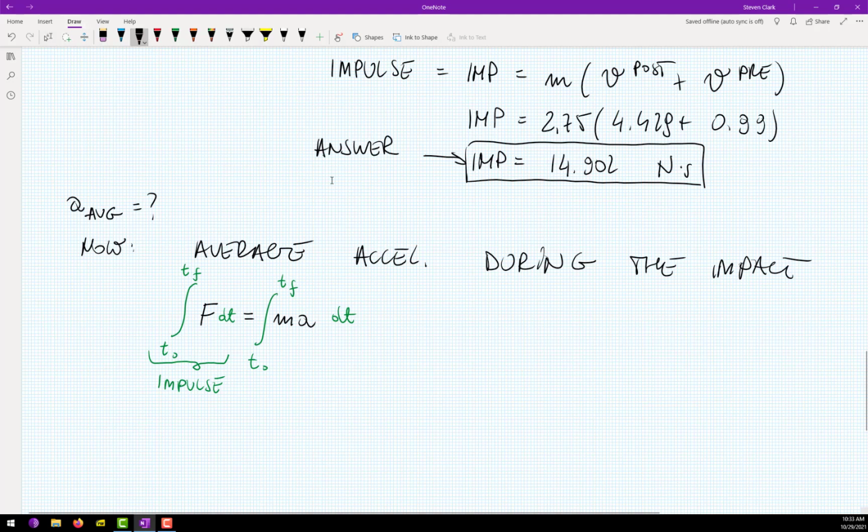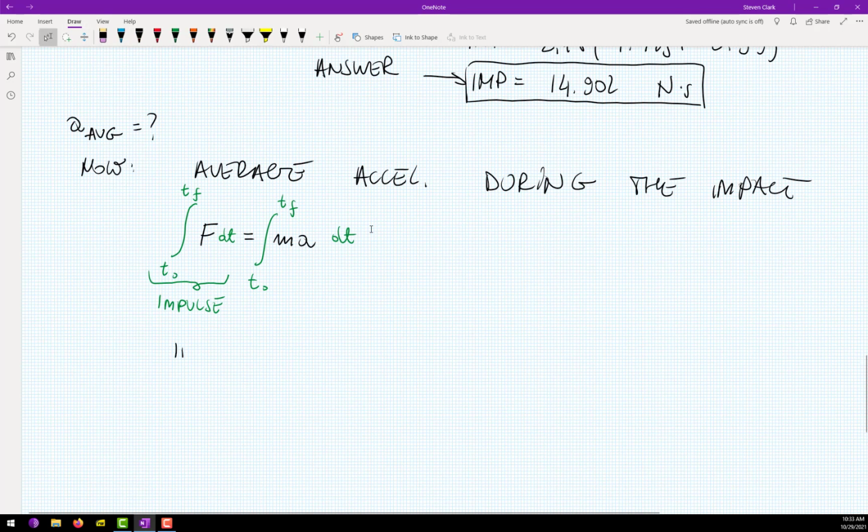So our IMP will be equal to this integral, but this guy is a function of time. It is not a constant value, but we can replace it with an expression with a constant value.